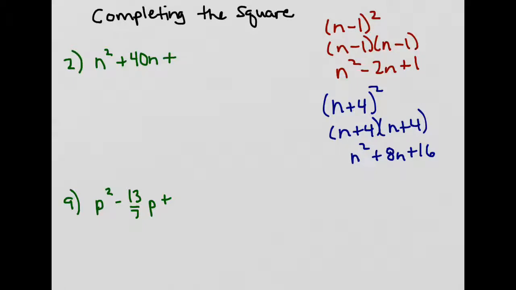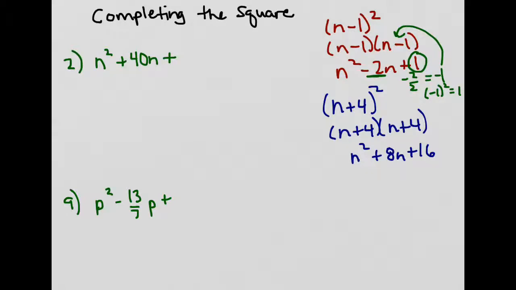And the pattern is that if I take this b term here, negative 2, and I divide it by 2, that's going to give me my factors. Secondly, if I square that term, so negative 1 squared equals 1, that's the constant that's added to the end of my expression.